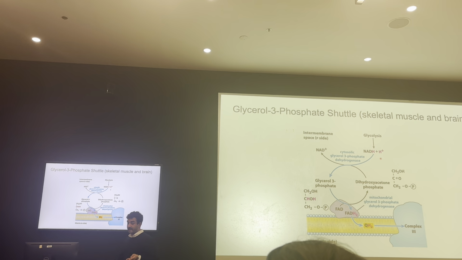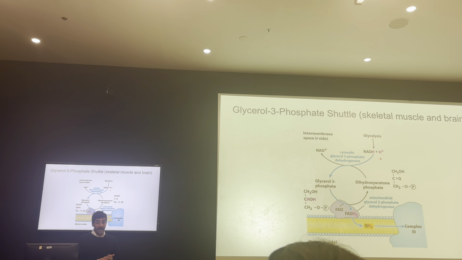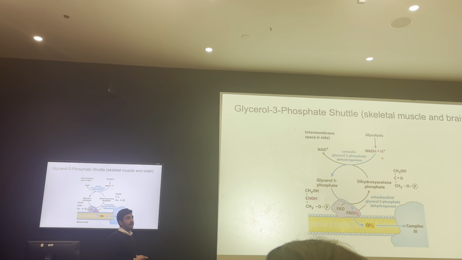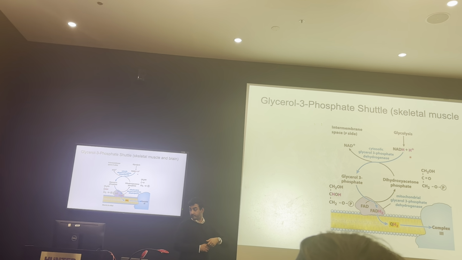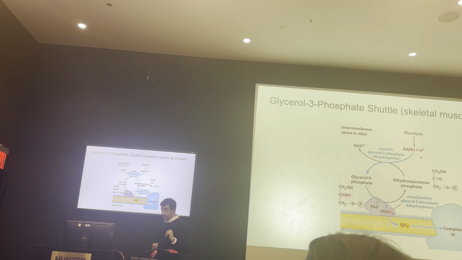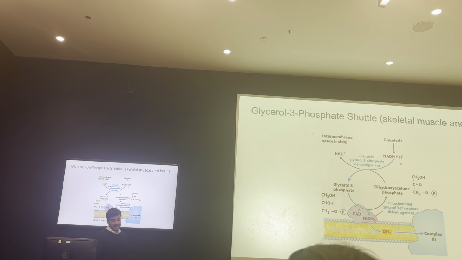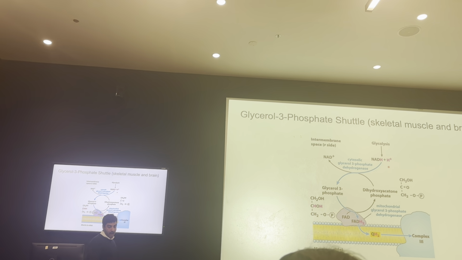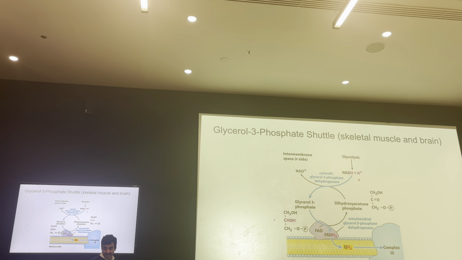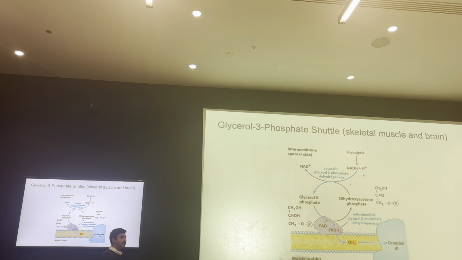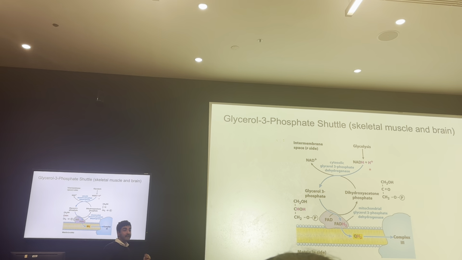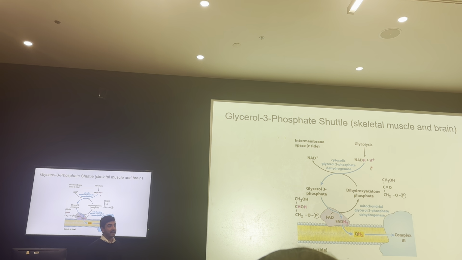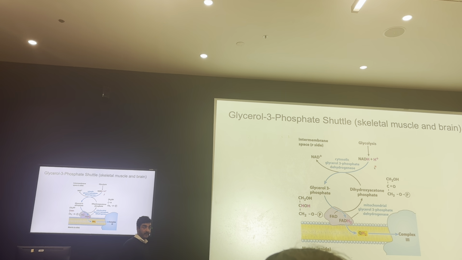In the case of the skeletal muscle and brain, which have excess levels of glycolysis, we can use our dihydroxyacetone phosphate as a very temporary storer of these electrons again. Previously we saw it with malate. Now we're seeing DHAP being converted to glycerol 3-phosphate.